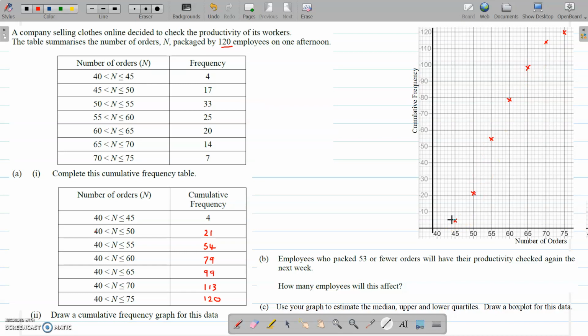Now, I'm going to do that option because it's really difficult on a tablet that's detached from the screen to draw a smooth curve. So I'm going to do the straight line option, okay? What you mustn't do is a line of best fit that misses some of the crosses out or just passes by them. It has to go through all the crosses.